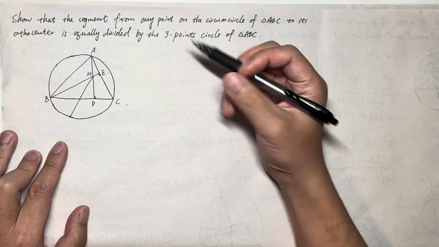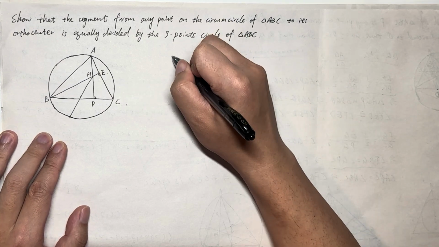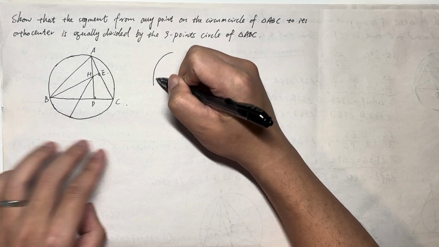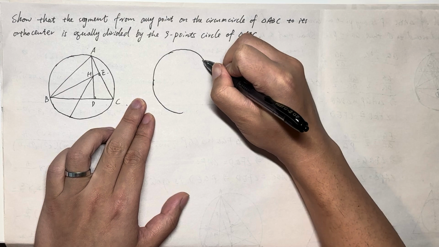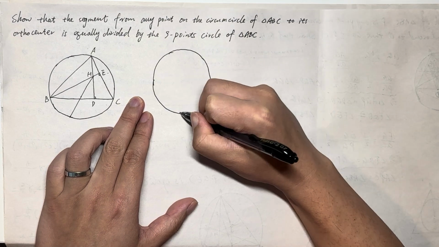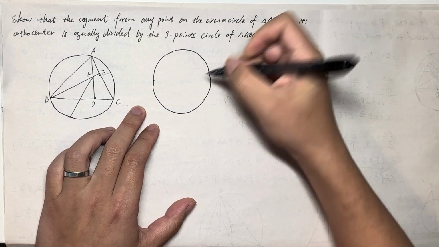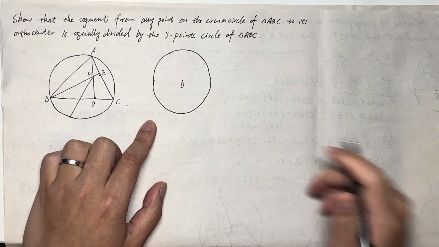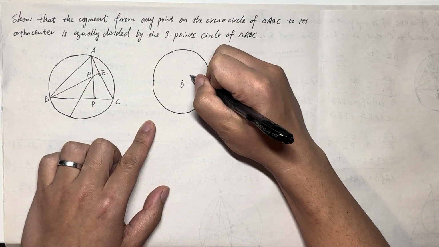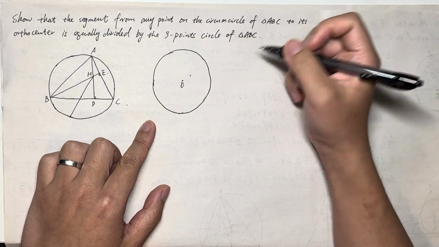So before doing this, let's just consider the general condition. So this is a circle O. Let's just find any point here. Any point.